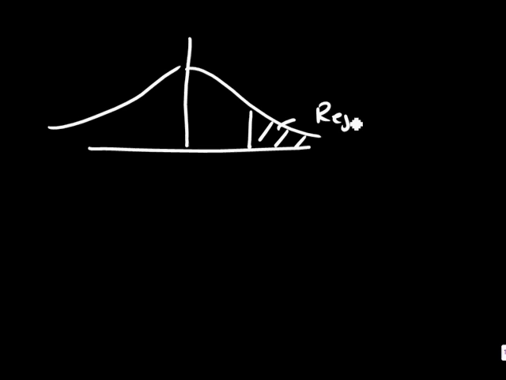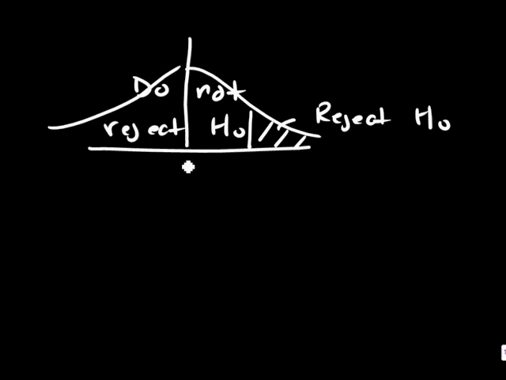Our rejection region, we reject the null. This is a do not reject the null hypothesis region.